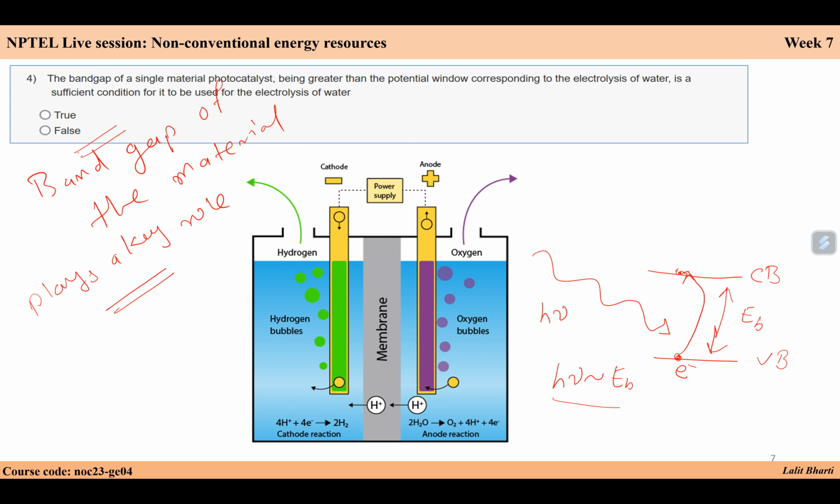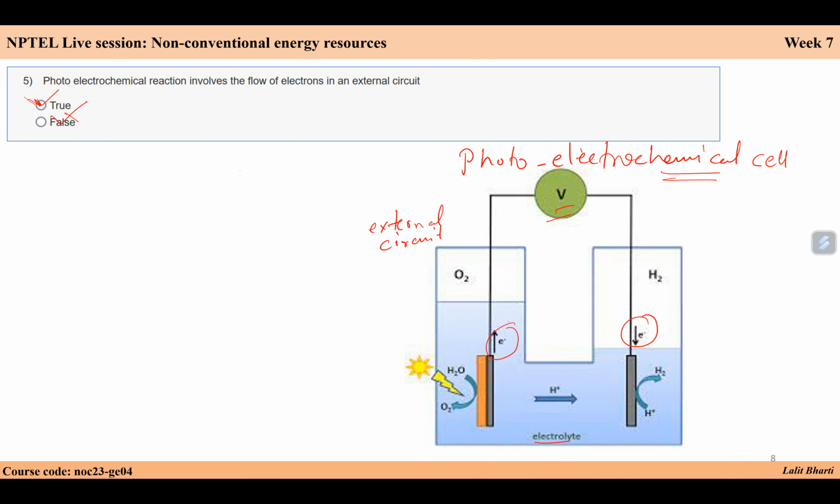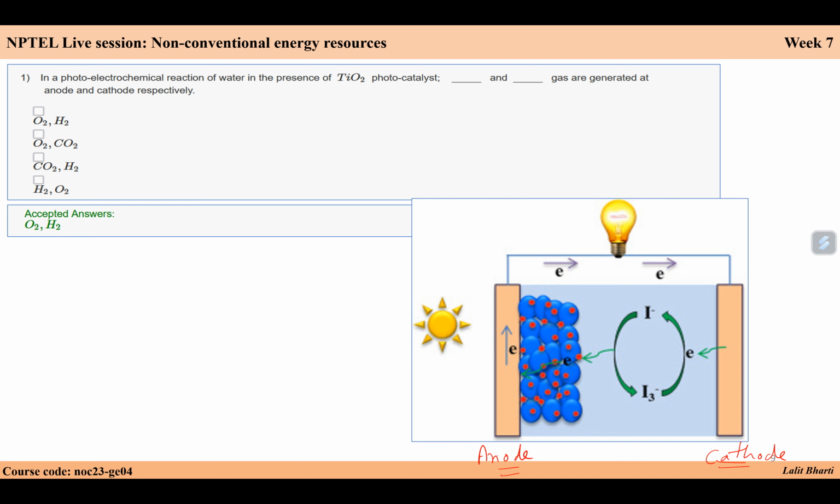So these are the typical anode reaction and cathode reactions. The same reaction will be happening there, and here the electron will be absorbed and we will be getting O2, and oppositely we will be getting H2.